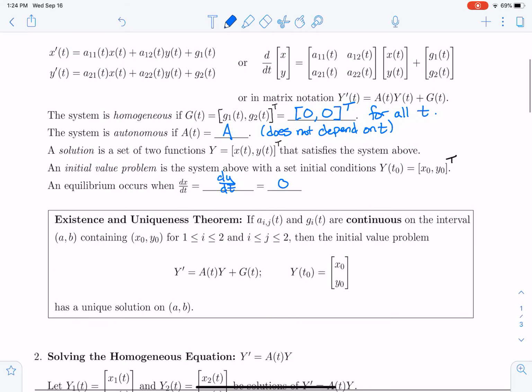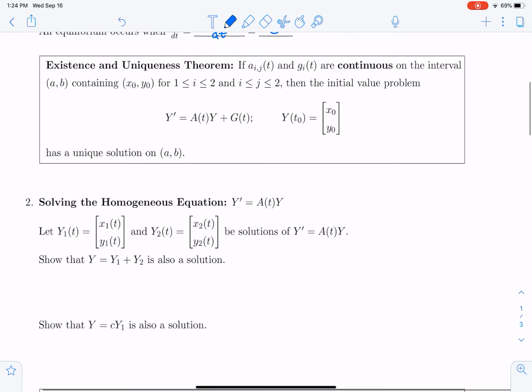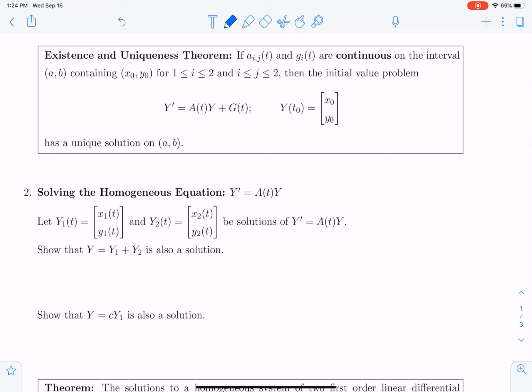There's an existence and uniqueness theorem for systems of differential equations. In particular, I'm going to talk about existence and uniqueness for these linear systems of differential equations.